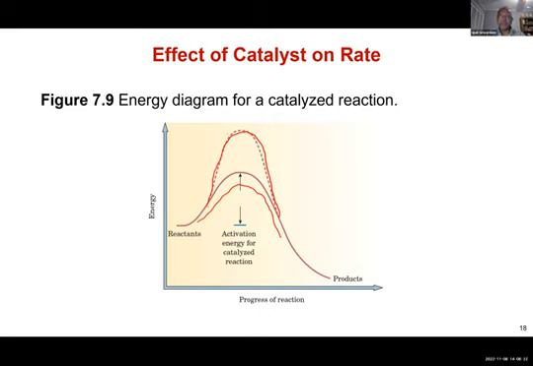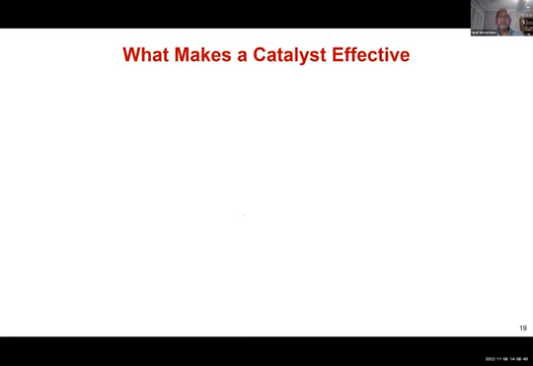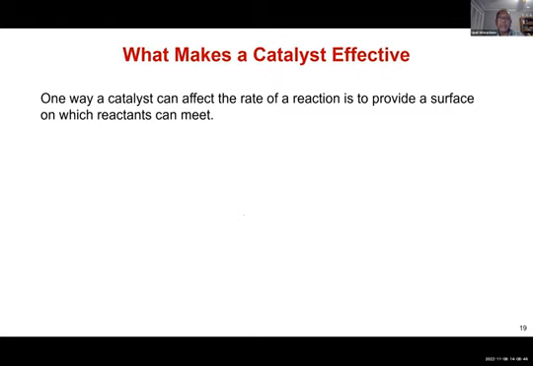Therefore, activation energy is lowered by adding a catalyst to a particular reaction. Therefore, reaction rate is increased. Lower activation energy means faster rate. What makes a catalyst effective? One way a catalyst can affect the rate of a reaction is to provide a surface on which reactants can meet.